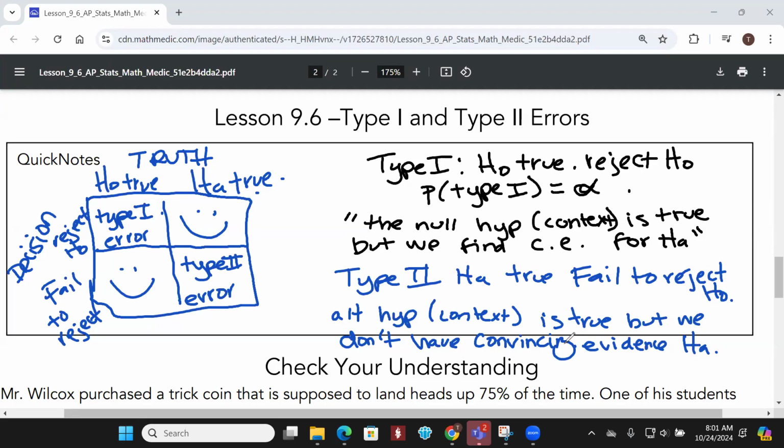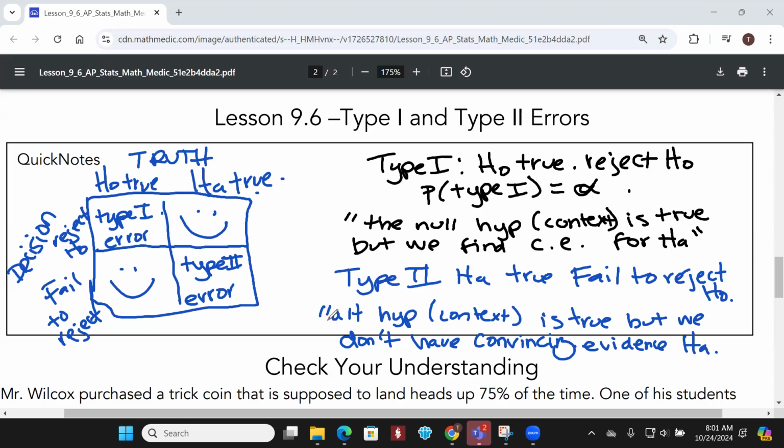I mean, we saw in the last problem, people died because of our failure. You better have enough convincing evidence to not have a type 2 error. Type 2: the alternative is true, and we failed to reject the null.